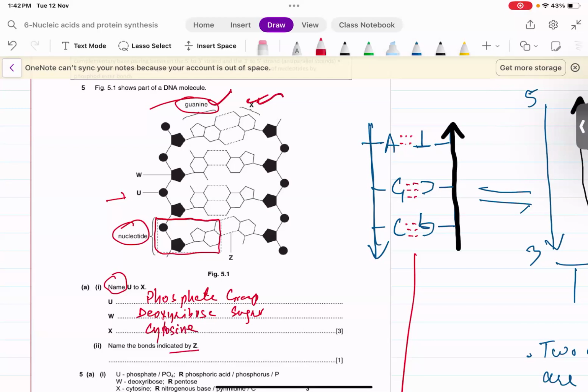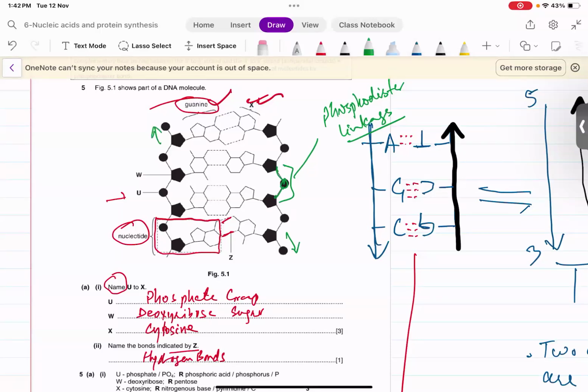And name the bonds indicated by Z. So there are bonds here. These are hydrogen bonds. And what are these bonds here, from here to here? These are phosphodiester bonds. Okay, so look at this sugar: this is phosphate downwards and this is phosphate upwards.